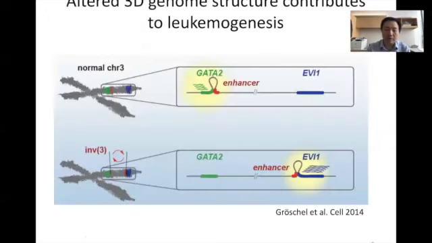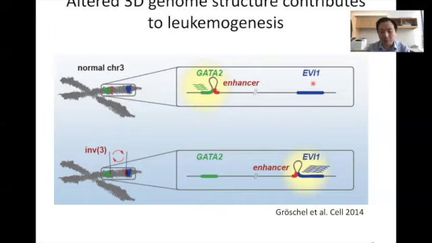So here is another example. In this case, a structural variant, an SV, leads to the change of 3D genome structure. In the normal chromatin in human blood, there's an enhancer regulating GATA2 through chromatin looping events. So GATA2 is expressed, and this oncogene EVI1 is silenced, which is good.